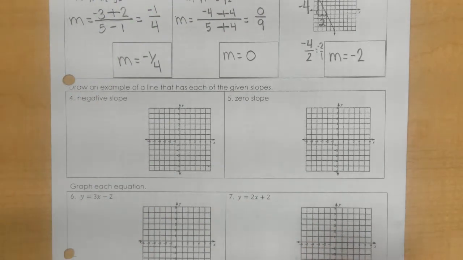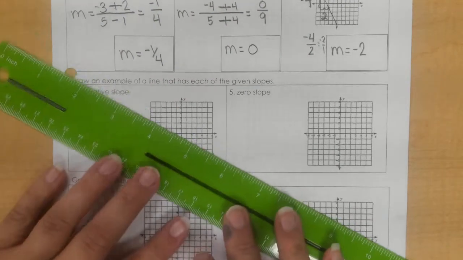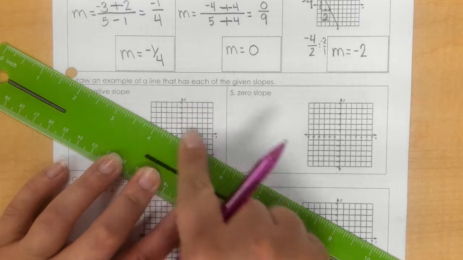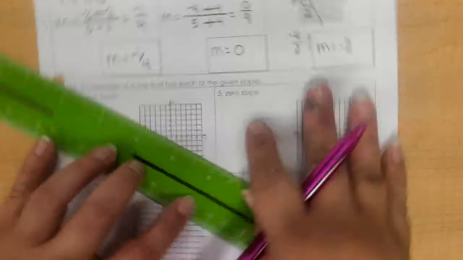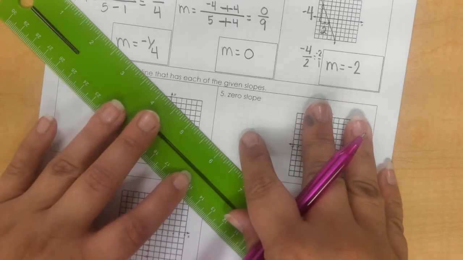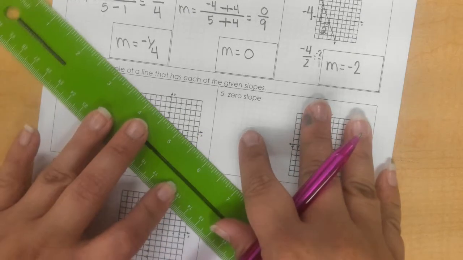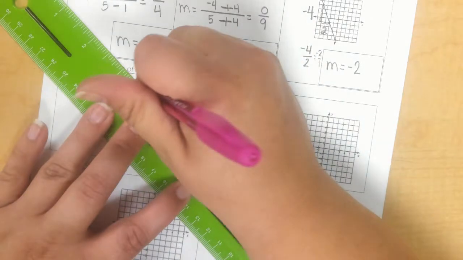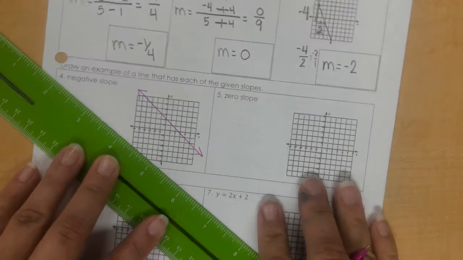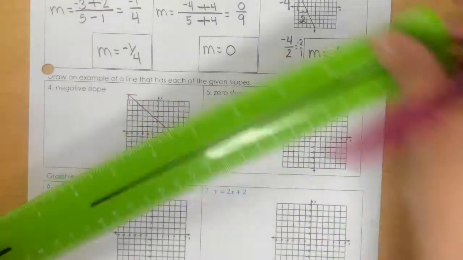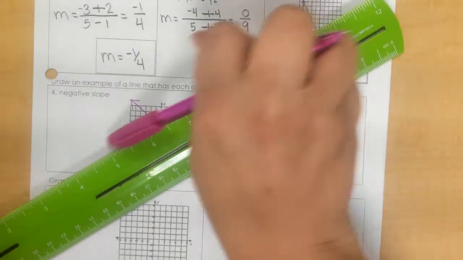We know that a negative slope has to go from left to right in a falling or downward angle. So just anywhere on the graph, as long as you draw anything like this that's going into a downward position, that is acceptable. Okay? If it was positive, I would go the other way and draw it this direction.